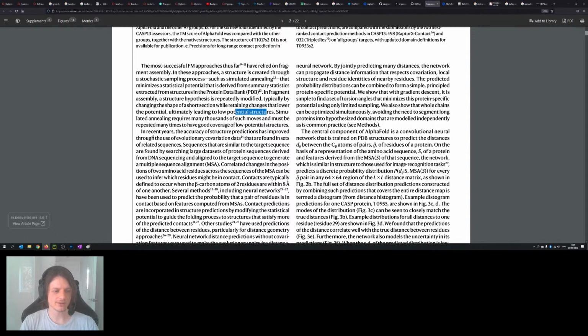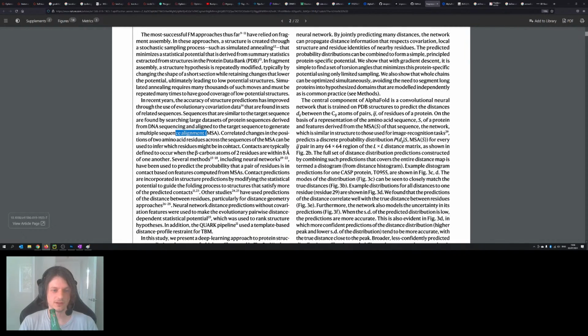In recent years, the accuracy of structure predictions has improved through the use of evolutionary covariation data that are found in sets of related sequences. Sequences that are similar to the target sequence are found by searching large datasets of protein sequences derived from DNA sequencing and aligned to the target sequence to generate a multiple sequence alignment.